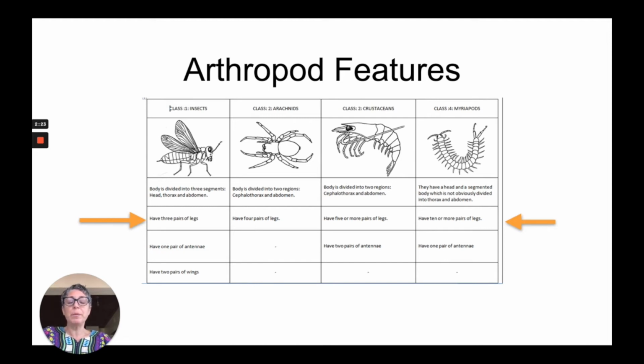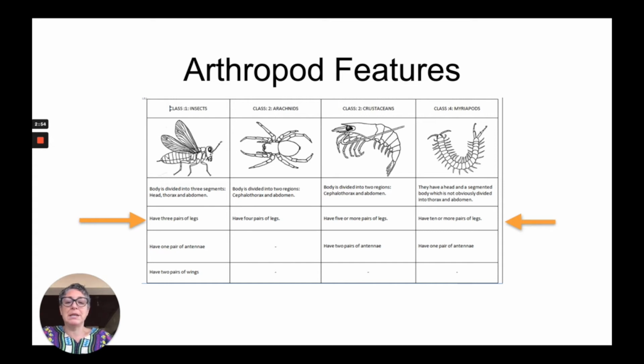If it has 4 pairs of legs, that is 8 legs altogether, then it can only be an arachnid. If the organism has 5 or more pairs of legs, that is 10 plus legs, then it is a crustacean. And if it has 10 or more pairs of legs, that is 20 plus, then it is a myriapod. So if we're able to count the number of legs, then we can very easily put the organism into its correct class.